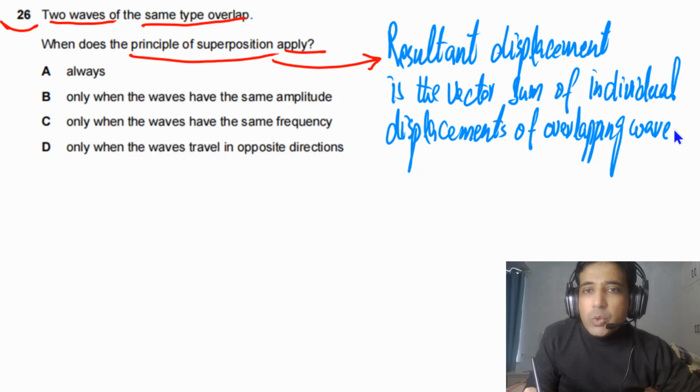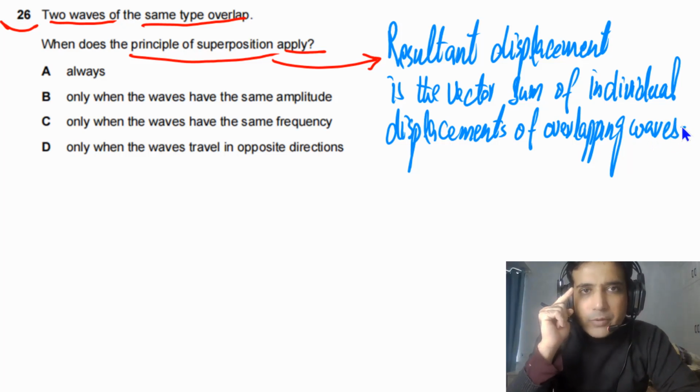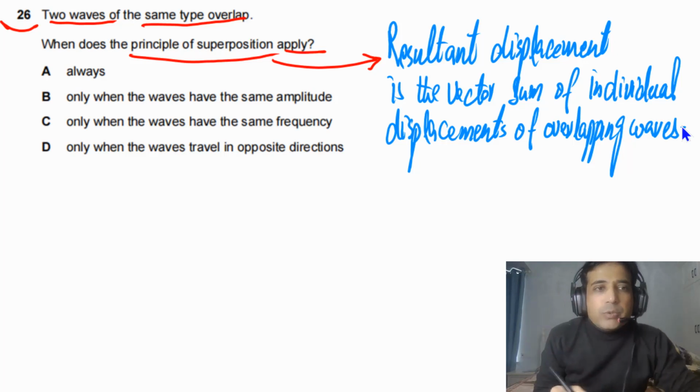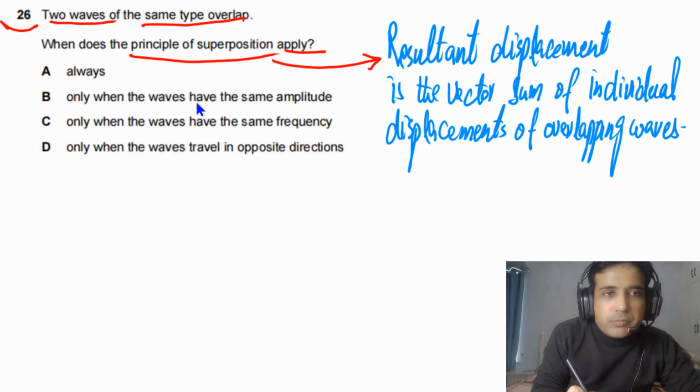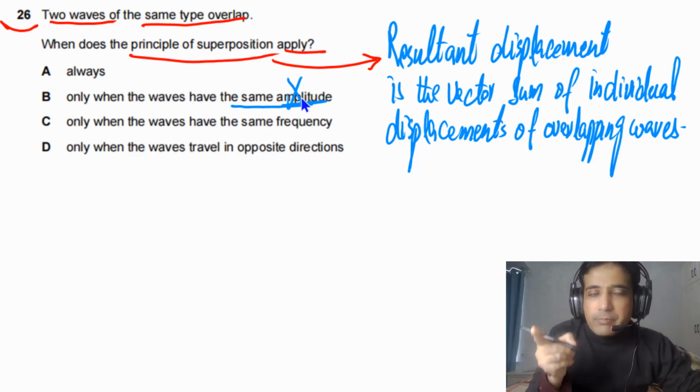There is no condition for the direction of waves, no condition for frequency, and no condition for amplitude. If you look at option B, when the waves have the same amplitude, you need to apply the principle of superposition. There is no condition for same amplitude. Even if the amplitude is different, you can still apply the principle of superposition.